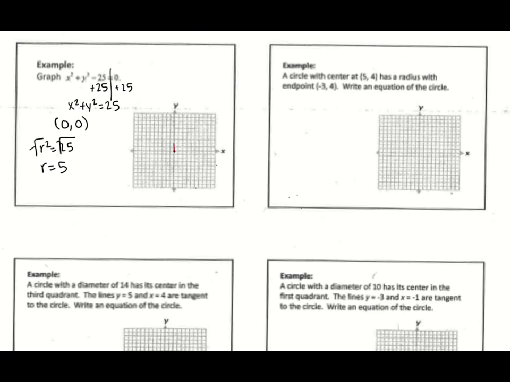So I have 1, 2, 3, 4, 5 here, 5 down, 5 left, and 5 right. So these are going to be the edges of my circle because I know my radius goes from the center to the edge of my circle, and then I can connect all of my points.